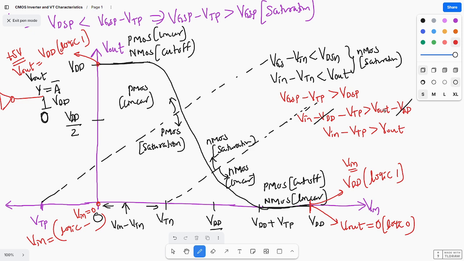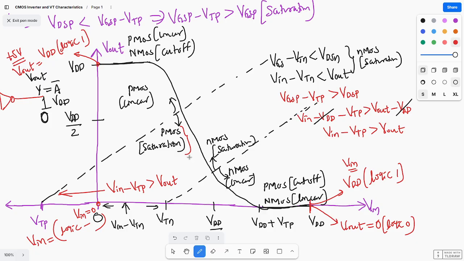So V in minus VTP is greater than V out. During this range, PMOS will be in saturation. I got the condition also.